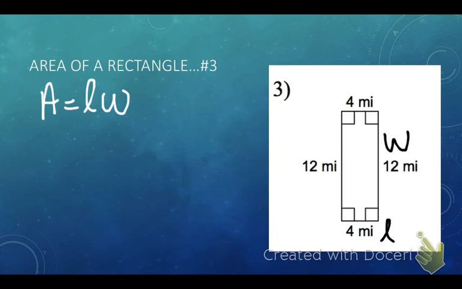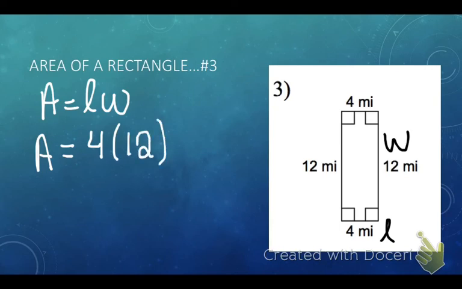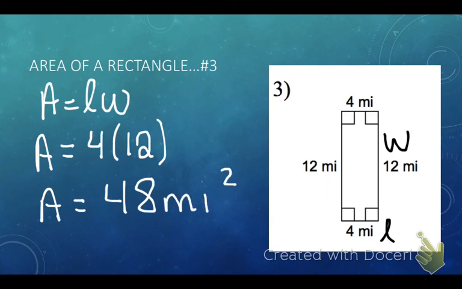Great, so you should have on your paper A equals 4 times 12. Solve your area and write units. So your final answer should be A equals 48. MI stands for miles, so MI squared.